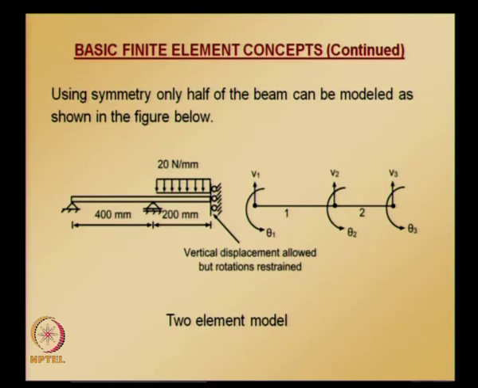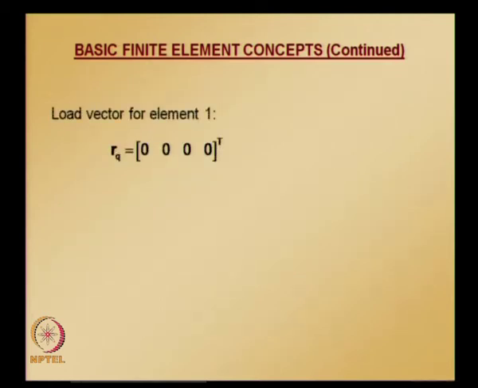If you see element 1, there is no load applied in the first span of 400 millimeters, so the load vector for element 1 is going to be this.